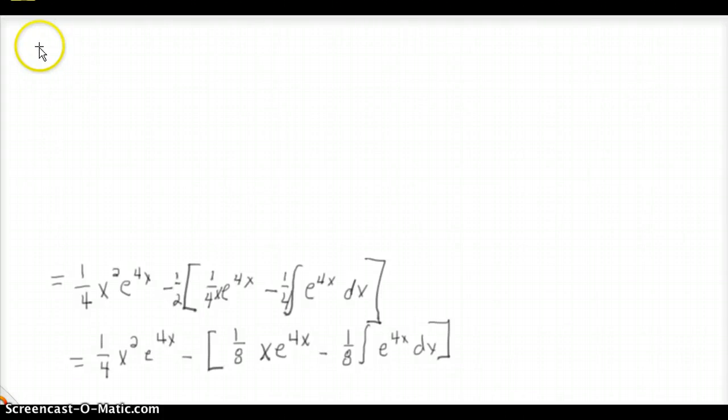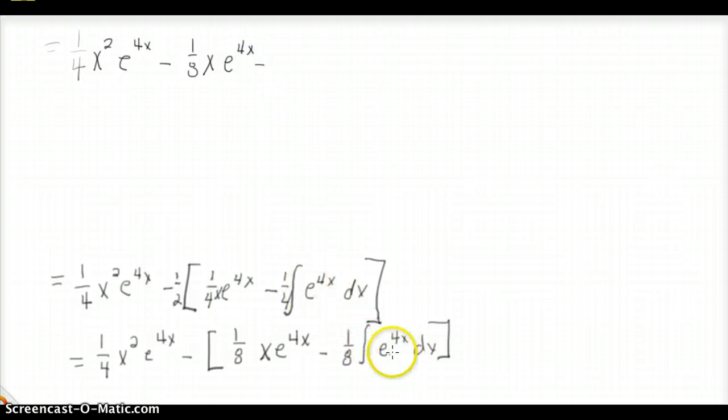Okay. And going back up here, we come out with 1/4 x squared e to the 4x minus 1/8 x e to the 4x minus, we know this antiderivative, it's just 1/4 e to the 4x, but we have a 1/8 on the outside.